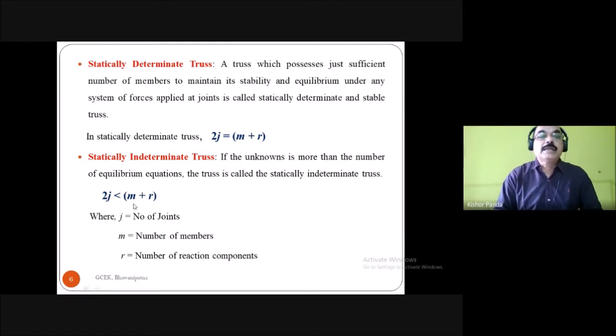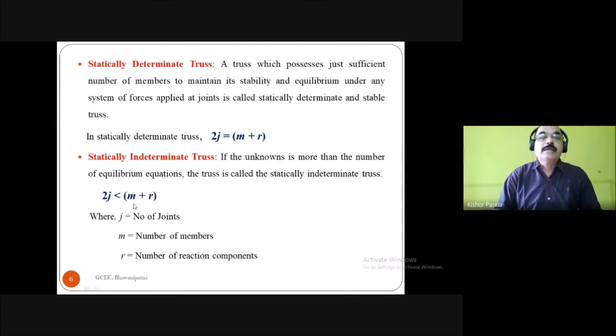In the case of a statically indeterminate truss, you can find out the degree of static indeterminacy. How will you find it? M plus R is the number of unknown forces and 2J is the number of static equilibrium equations.